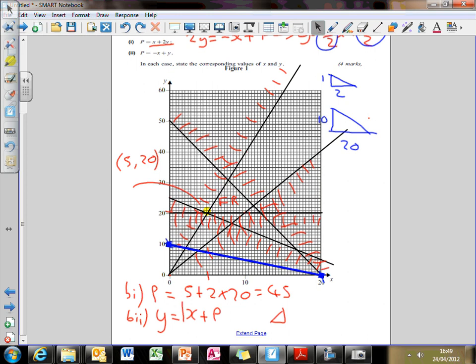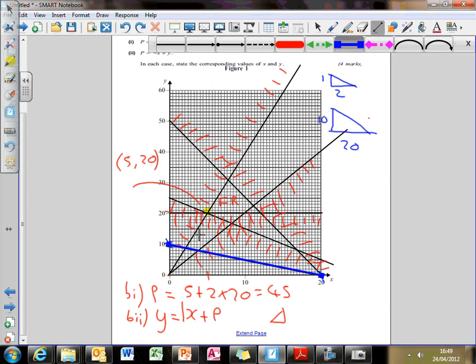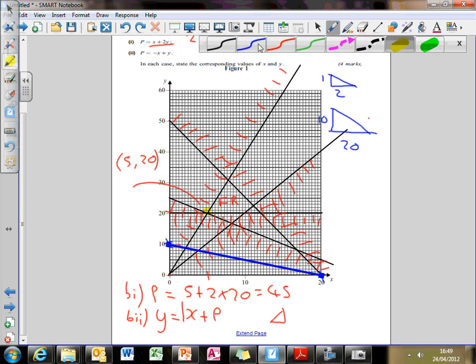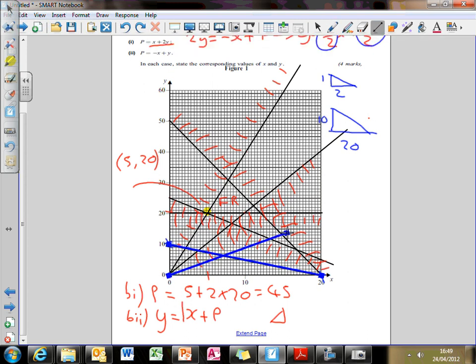This time I'll stick with the blue. Let's give myself a point first to work with. So for every 10 I go across, I go 10 up, for example. So my objective line is going to go through there, like so. So this is my second objective line.